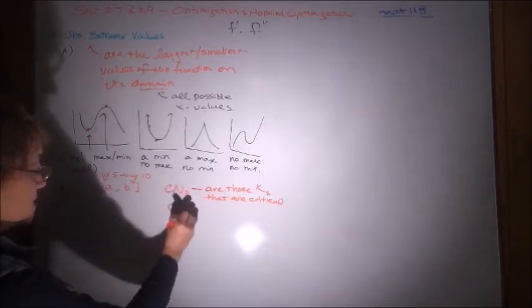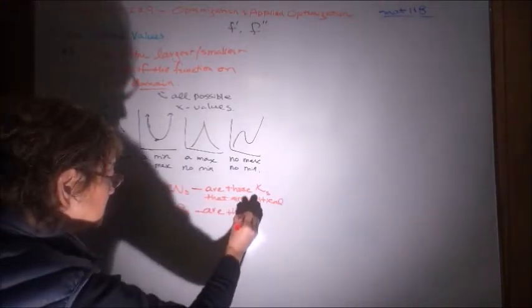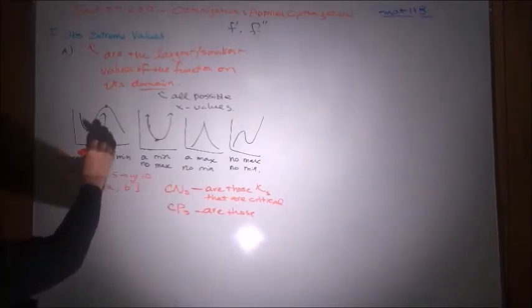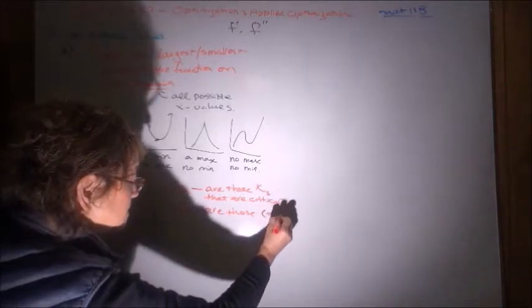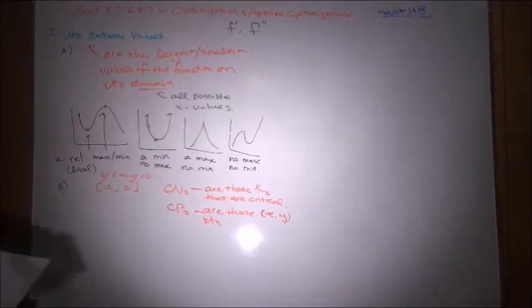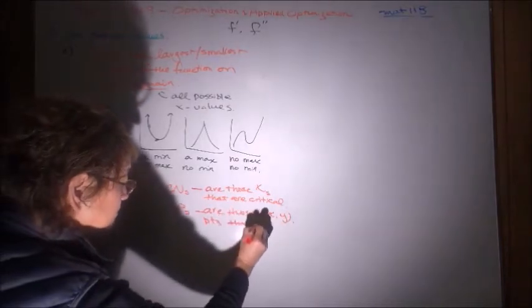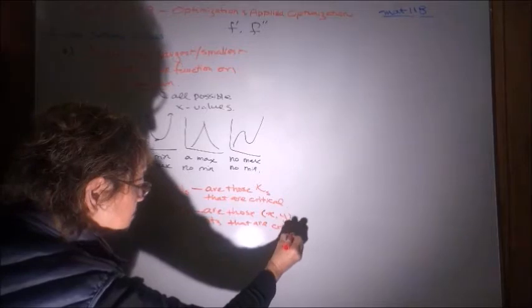Also, just a review: critical points are different from critical numbers. Critical numbers are the years that are critical for the business, right? Critical points are those x and y pairs, all of the pairs that are critical. Let's see what we mean by that later again, okay?